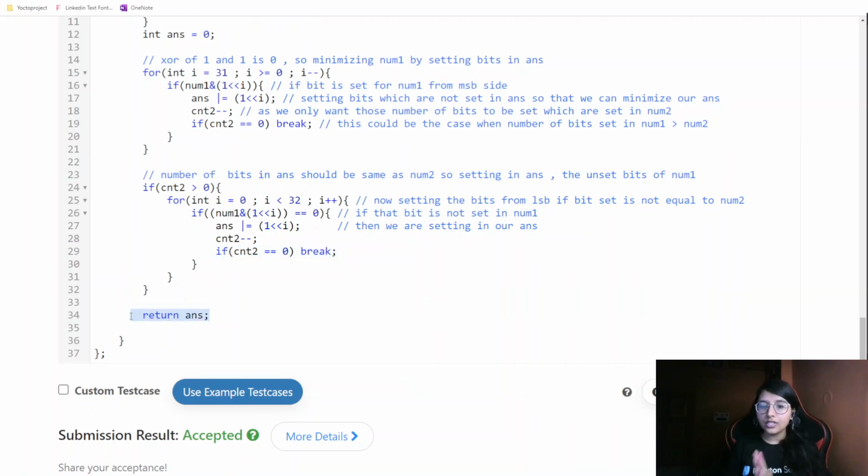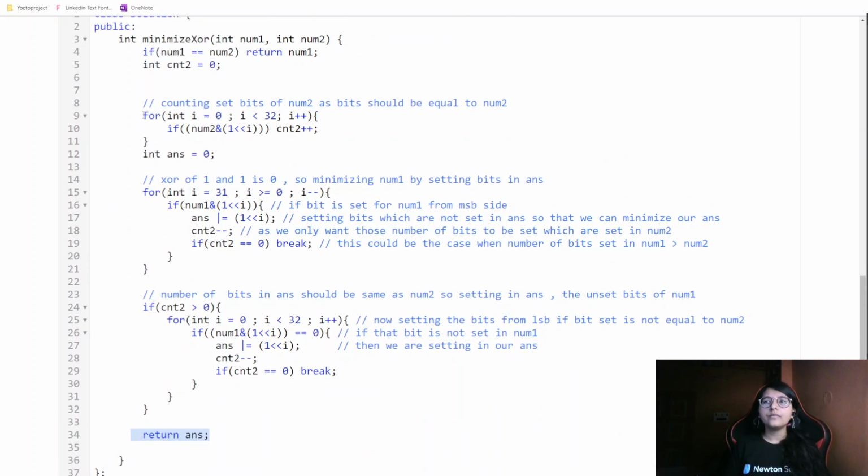So this is what is required to be done in this particular question. As you can clearly see, one loop is of size 32, another loop is of size 32, and another is of size 32. So the overall time complexity is order of 32 only, that is order of 1. And we are not storing anything, so the space complexity is also order of 1.